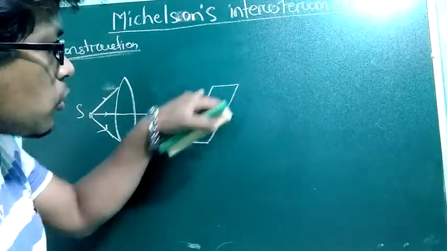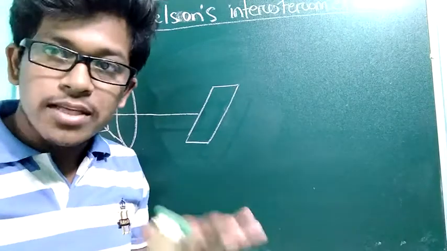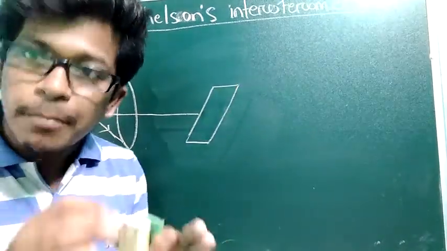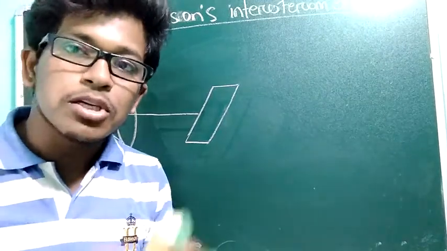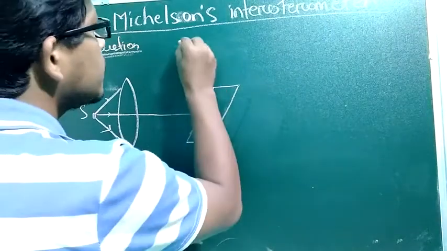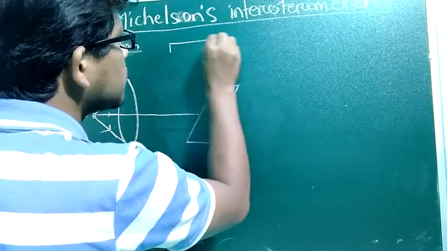Means the front side of the mirror has no silver, simple glass is there. The back side is silvered, but not that much, so that it will give us partial reflection, partial transmission.